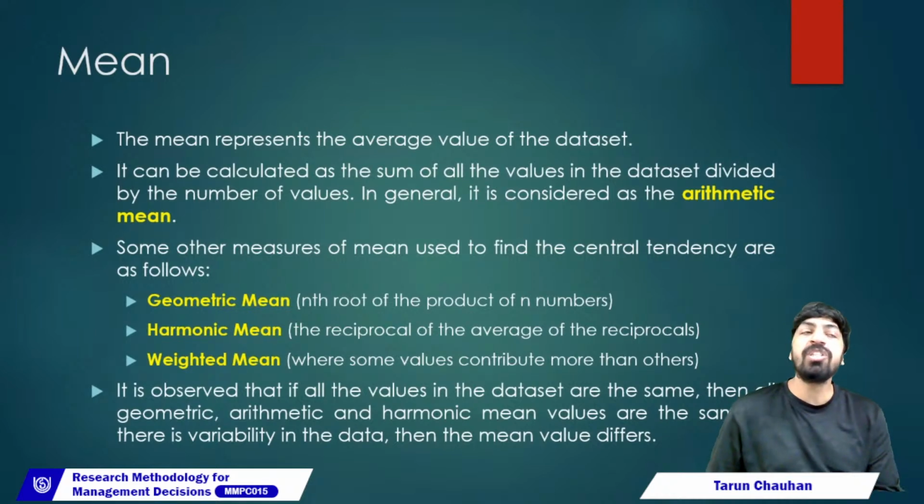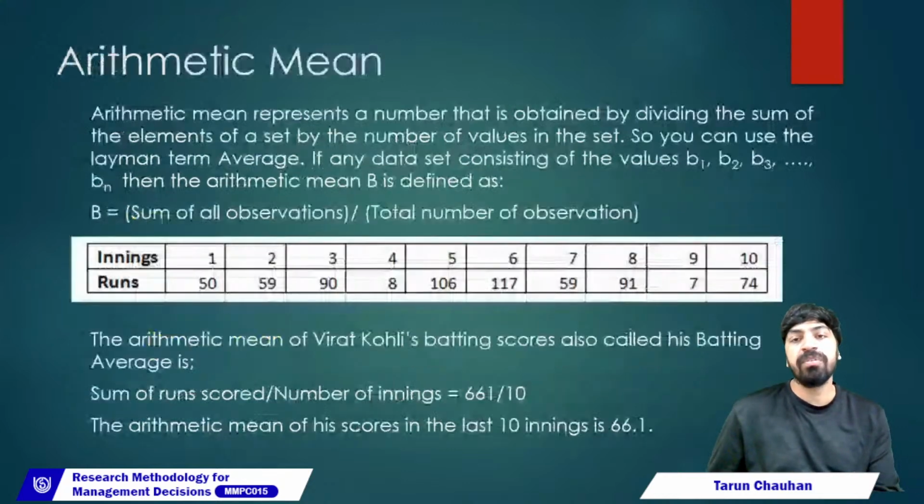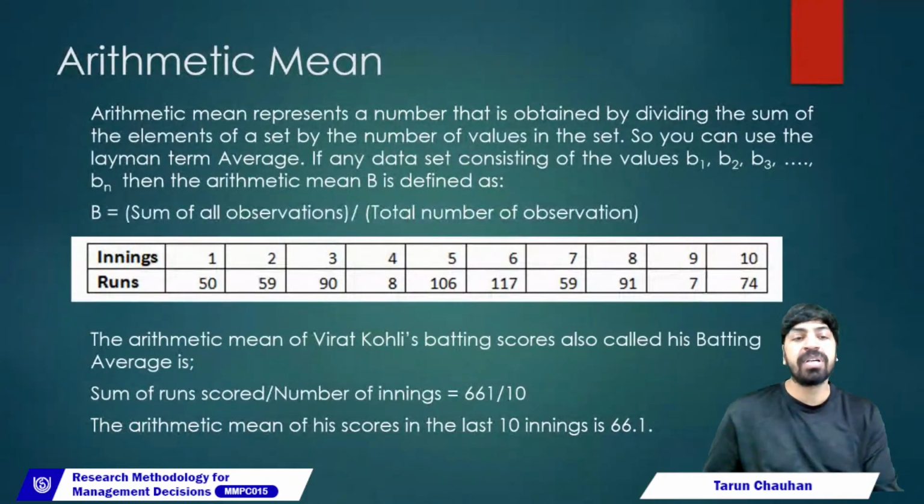If there is a change in any of the data, the mean value will also differ. Arithmetic mean: I told you how to calculate the arithmetic mean. It is the summation or addition of all the individual values divided by their number of observations. For innings and runs, as already mentioned, they are 50, 59, 98, 106, 117, 59, 91, 774.